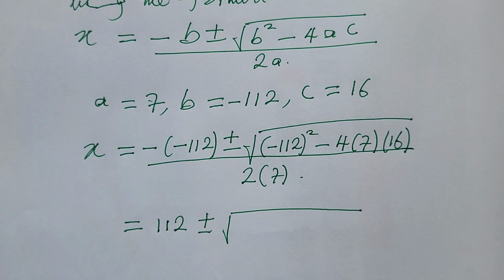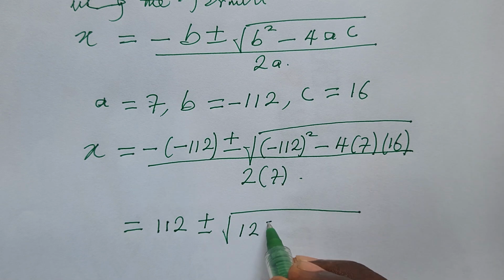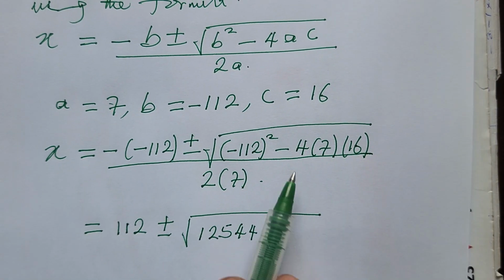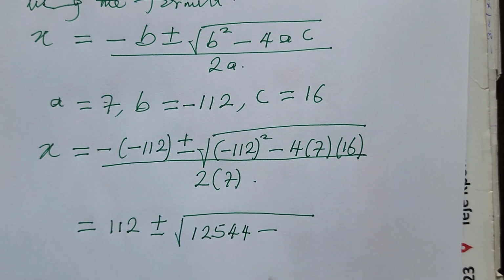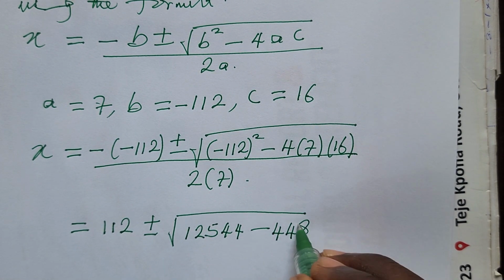Now what is the square root of minus 112? That will give us 12544. And minus 4 times 7 times 16 will give us 448.